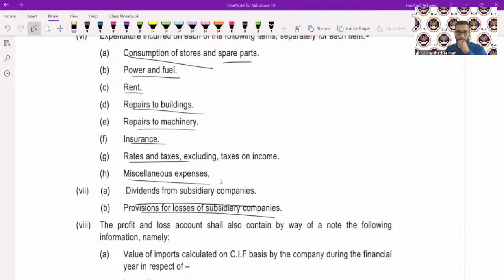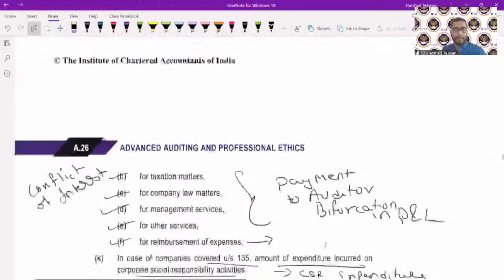See, that is the purpose. For example, let's say you are paying an auditor, including for management services. Now, it's a contravention of section 144, totally agreed, perfectly fine. But this disclosure will also help.